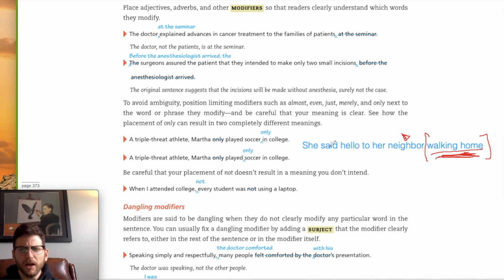We could, but if you could avoid separating a subject from its verb, that's usually a good idea. So probably better, it sounds better to me, and it avoids having to separate the subject from its verb, if you just said walking home, she said hello to her neighbor. Okay. But now the positioning of that modifier is in the right place. Okay. So those are both examples.